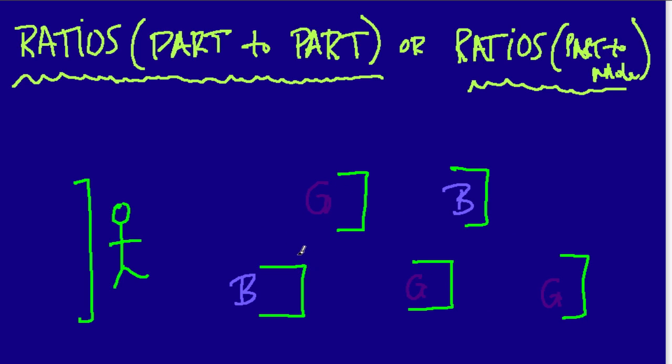There's many ways to describe the amount of girls and boys in this room, but as a part-to-part relationship, you could say, well, there are 2 boys for every 3 girls. Or you can say 2 boys, 3 girls. And often you might just see 2 to 3, or like this, 2 to 3.